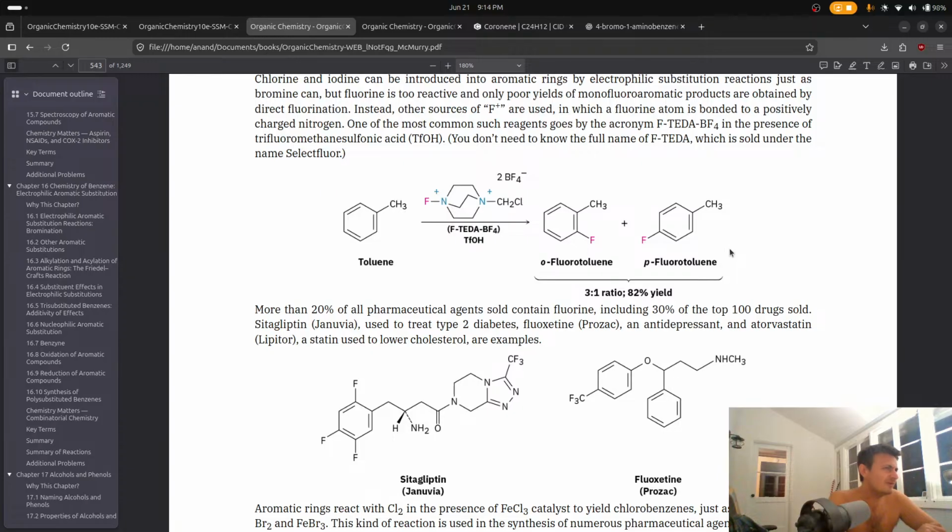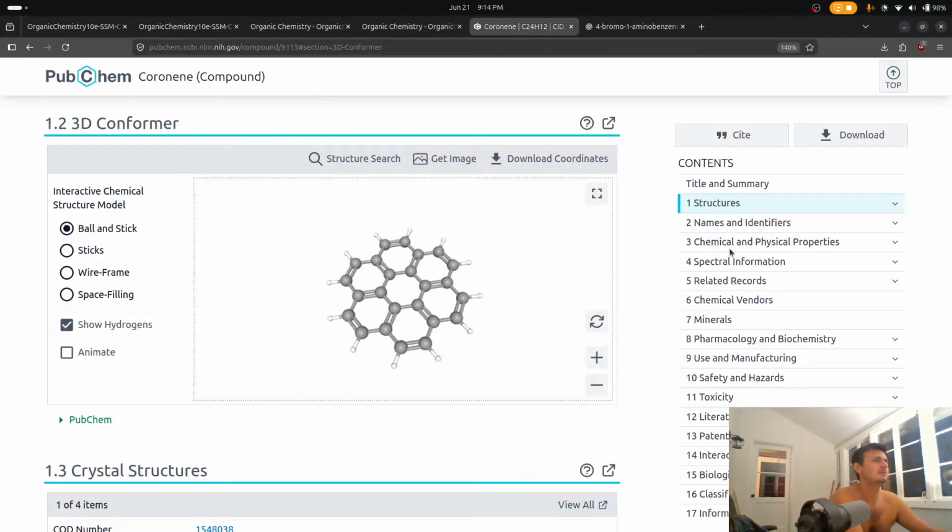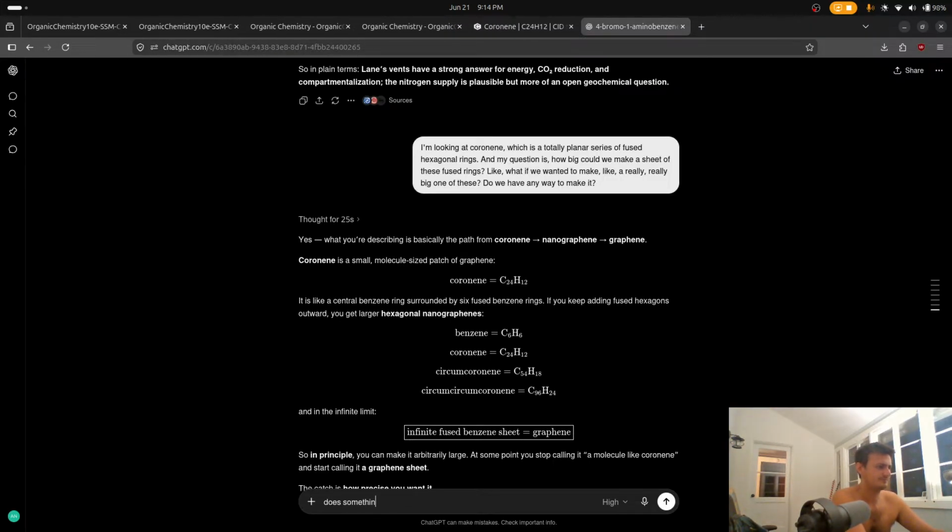But I don't know, does bromobenzene undergo SN2 reactions? What's a good... dude, how am I blanking this?